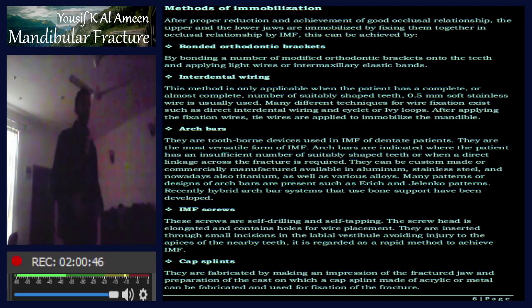Many designs of arch bars are present, such as Erich, and many patterns, or recently hybrid arch bar systems that use bone support have been developed.